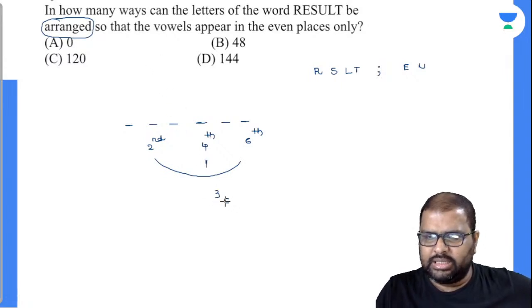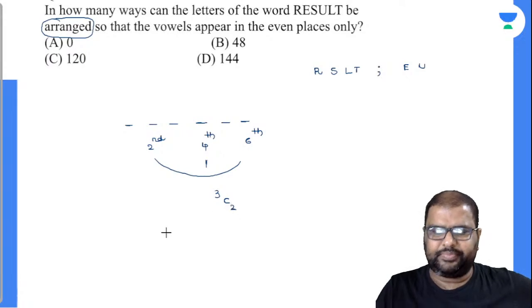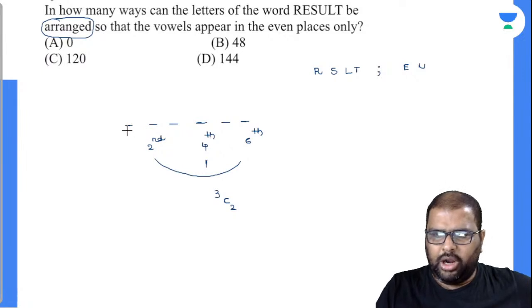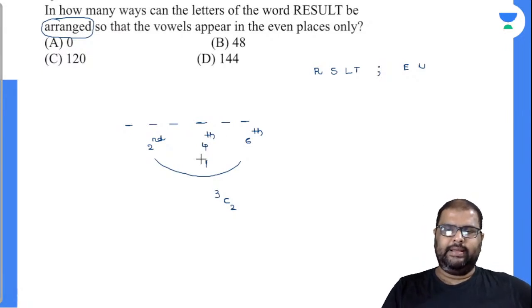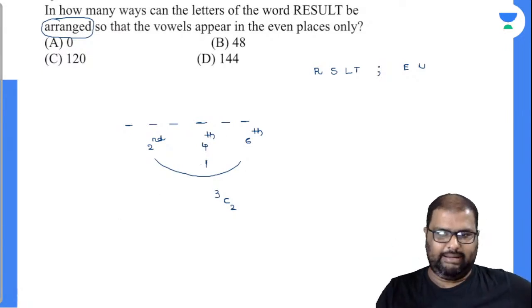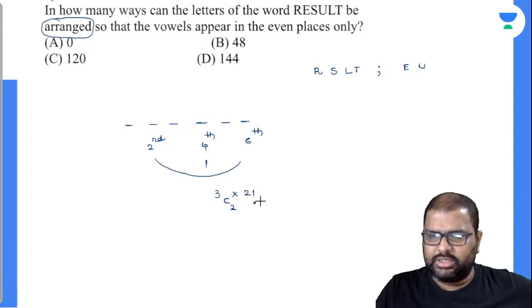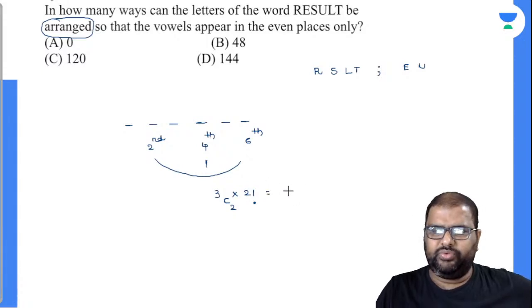How many vowels are there? 2, so 3C2. Okay, I have selected those 2. How many odd positions are there? 1, 2, 3 odd positions, and 1 vowel position is left over. So 3C2 into 2 factorial, because you are asked to arrange them.